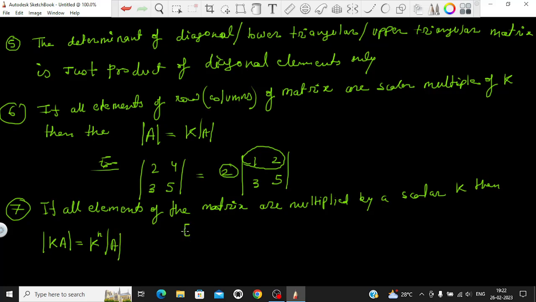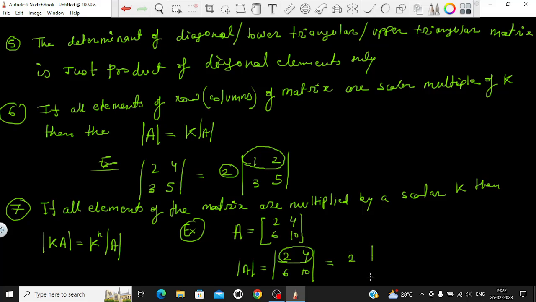For example, you see the determinant of A is 2 4, 6 10. Okay, now you calculate the determinant of A, you will write det of 2 4, 6 10. So what you can do, you take 2 out of it and you write 1 into 2.